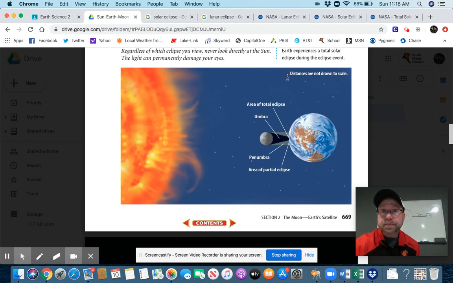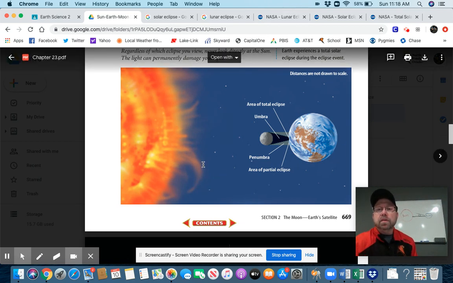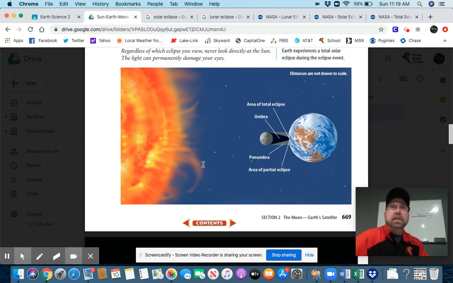All right. So it's much more rare to see a solar eclipse in person because it happens maybe once or twice a year and only on a very small part of planet Earth.